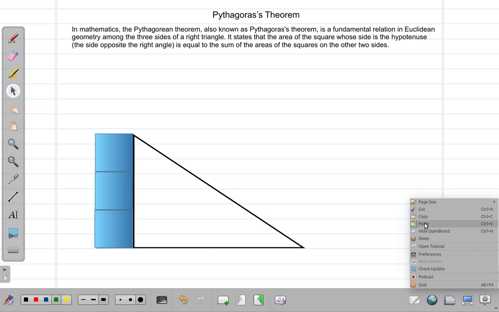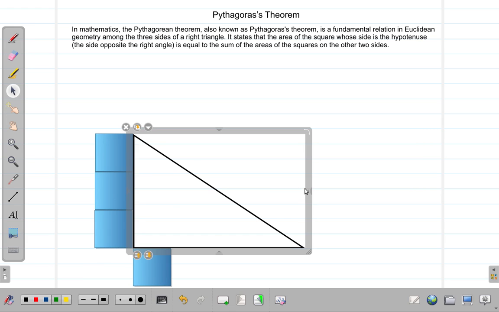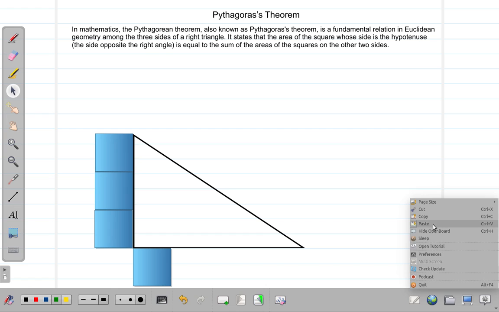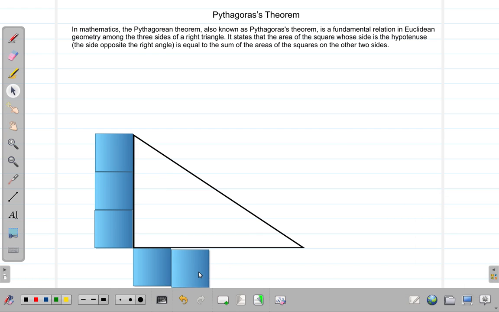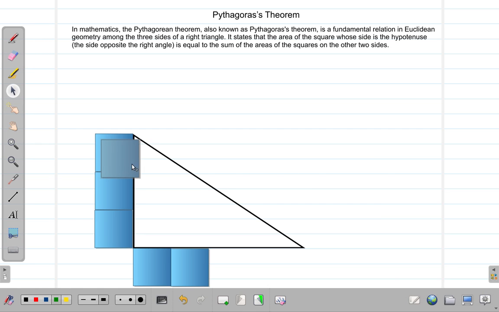Now let us paste some more blue squares. Let's put 4 alongside here: 1, 2, 3, and a 4th one.